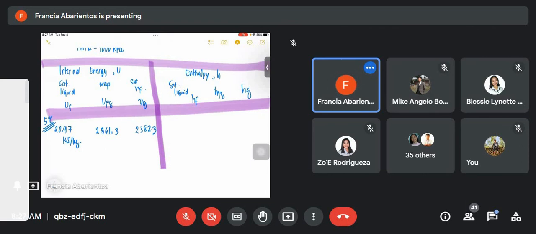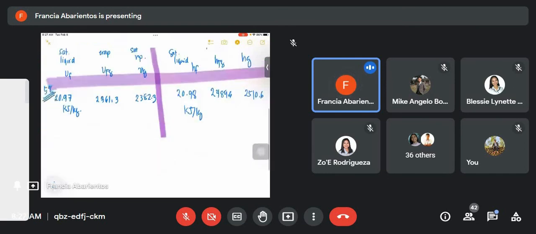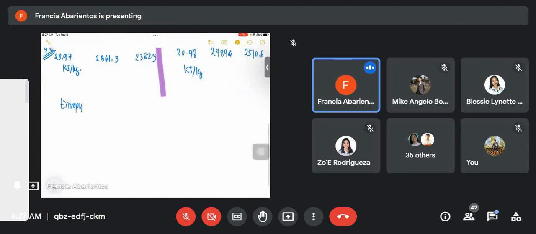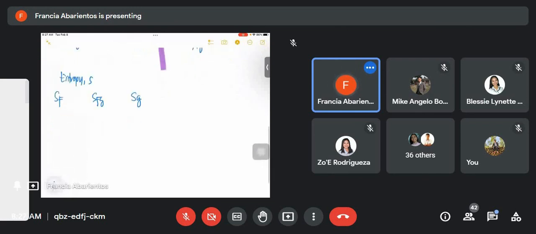So this is the value, 20.98 kilojoule per kilogram din yung units natin dito, class. We have 2489.6 and 2510.6. And last but not the least, the entropy. Ang entropy natin, class, is S. We have the SF, SFG, and the SG.